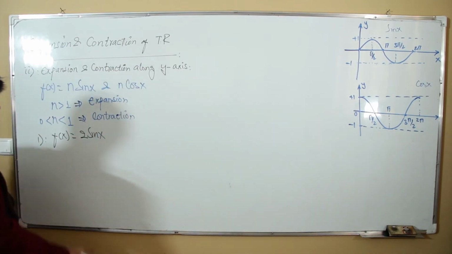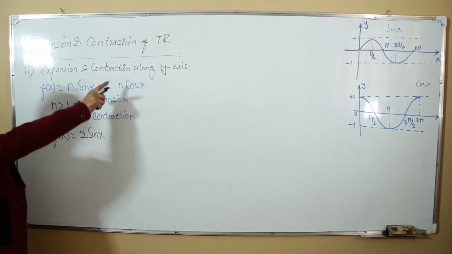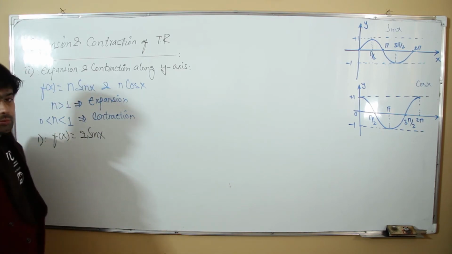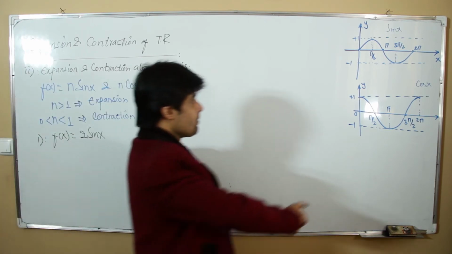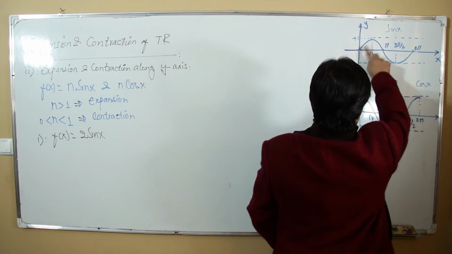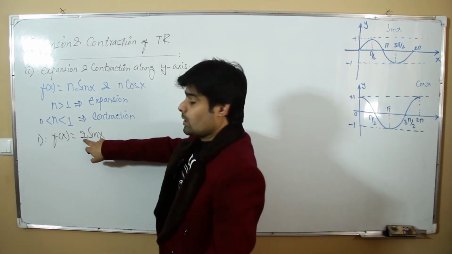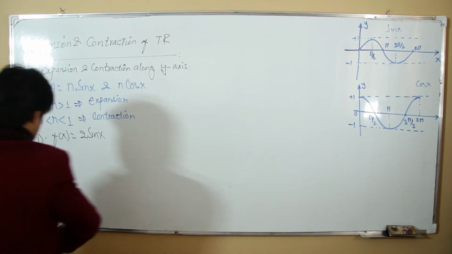But if we have here 2, 3 or 4, a number, it shows the expansion and contraction along the y-axis, and this is our amplitude. If this one is positive 1, it means this one is drawn between negative 1 and positive 1. If this one is 2, it means we have to draw this one between negative 2 and positive 2. What do I mean?